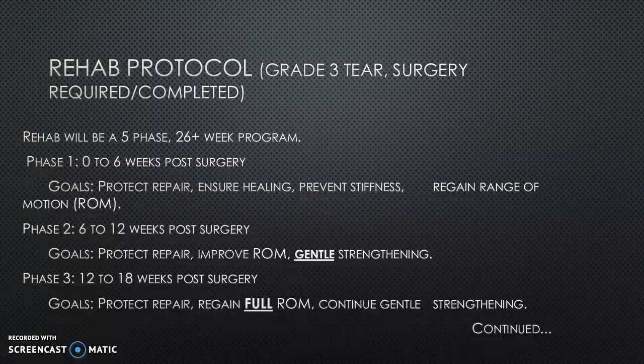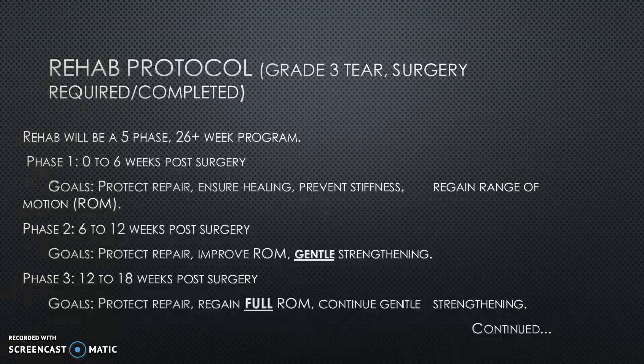Phase 2 is going to be 6 to 12 weeks after the surgery. We're going to protect the repair, improve range of motion, and then now we're going to start gentle strengthening. We're going to be performing ball exercises or squeezing the ball exercises, scapular shrugs, shoulder raises, different things like that.